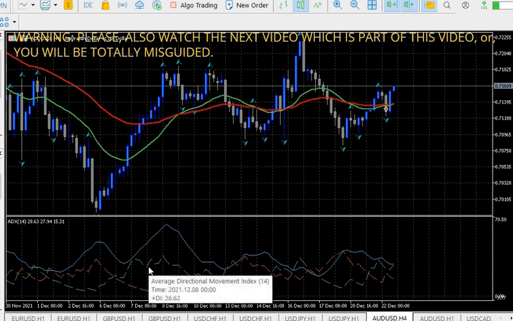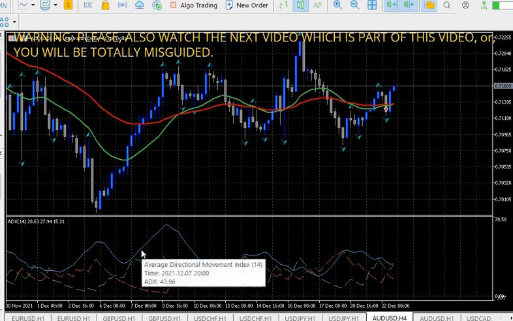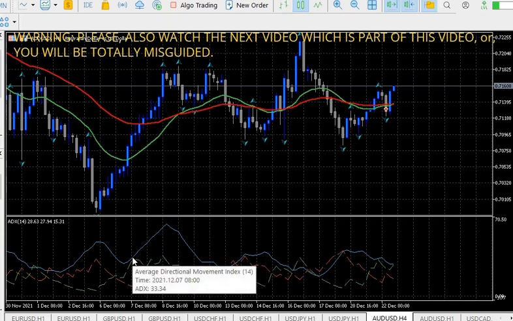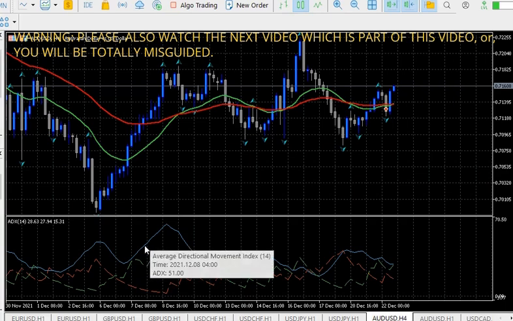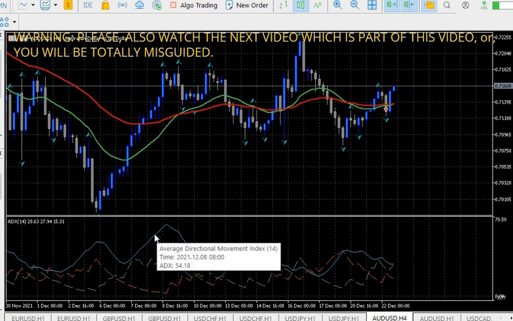So where were we? We were on the strength of the indicator. The blue line here, which is the real ADX, shows the directional strength of the market. It shows whether it is bearish or bullish, how strong the trade is.